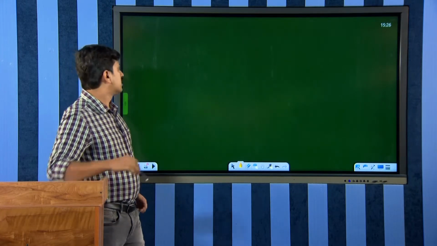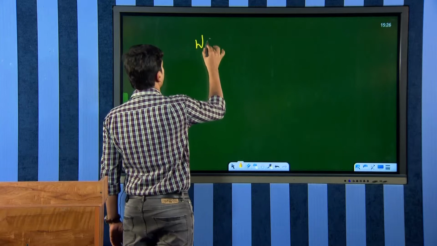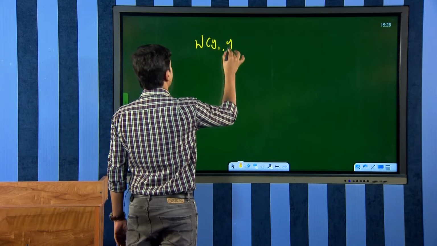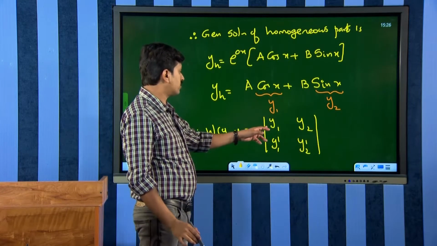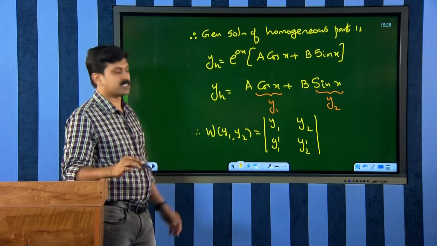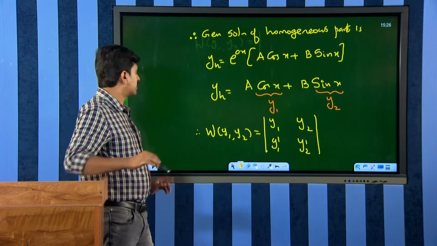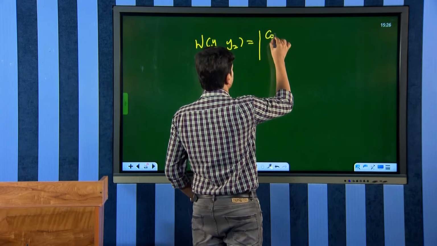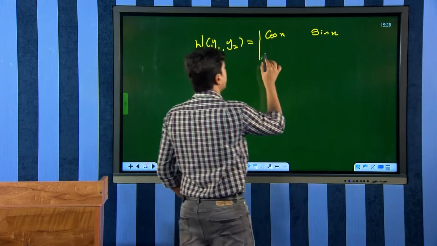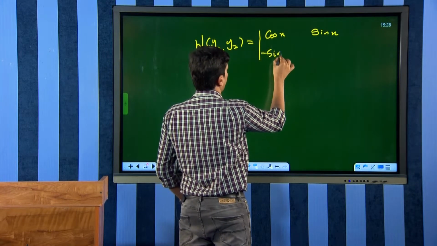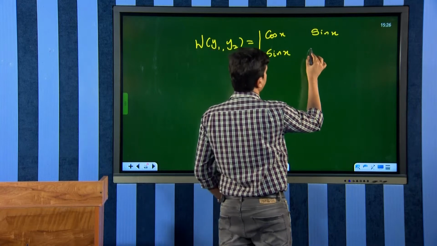So the Wronskian of y1, y2 is the determinant with cos x, sin x in the first row, and the derivative of cos x, which is minus sin x, and the derivative of sin x, which is cos x, in the second row.